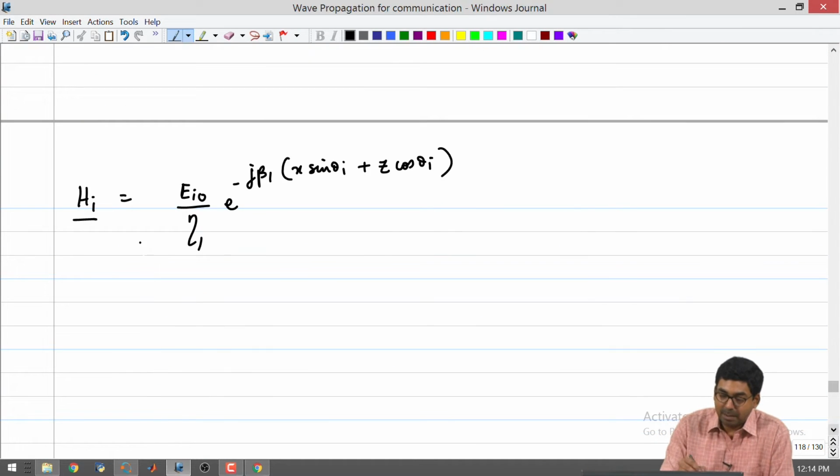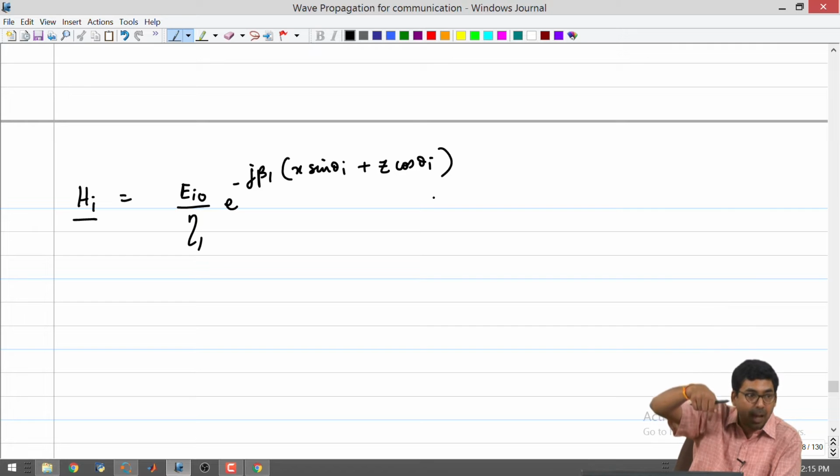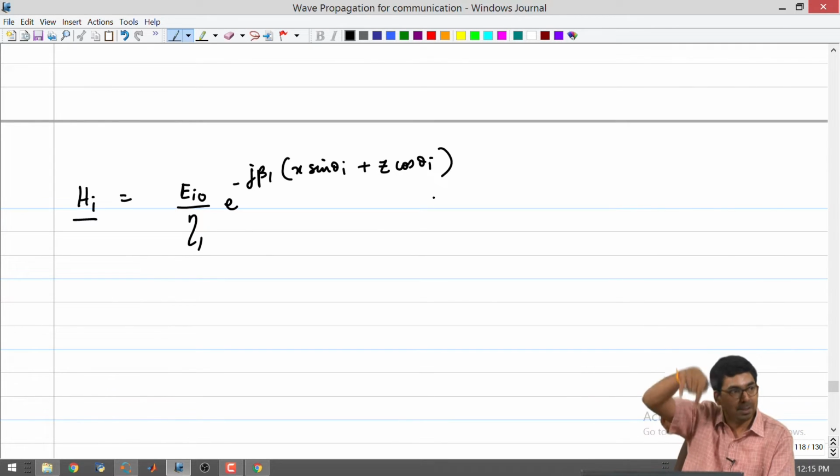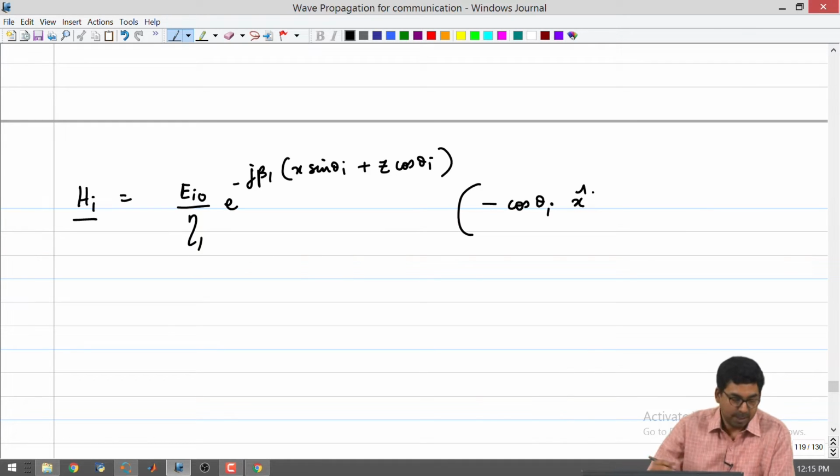So, now I have the expression, the general form, and I want to split this into an x and a z component. I saw that the projection of the vector on the axis was going downwards. So, I will have minus x hat times some cos theta I, because it is pointing downwards. So, I will just say that the x component is going to look like minus cos theta I x hat, okay.